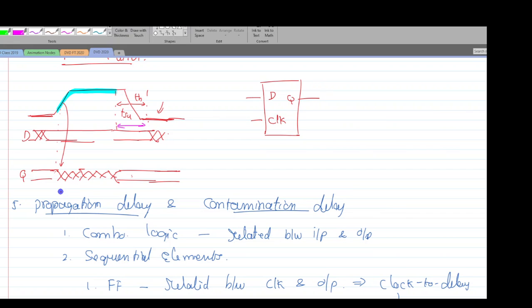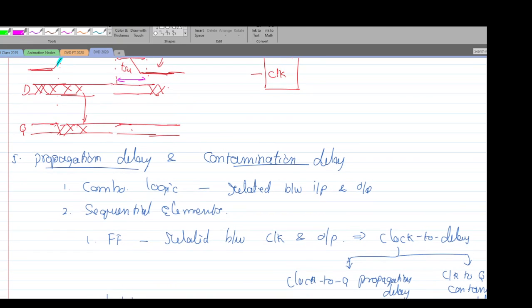So there are two possibilities. One is that you stabilize your data well before the clock edge, and the moment the clock edge happens, the clock modifies your output. In that case you have a delay between the clock and Q, as we had for the flip-flop. On the other hand, since the latch is transparent throughout this entire zone, which has been marked here in blue, any change in these zones will also affect your output. Because of this, we also have what is known as a D to Q delay.